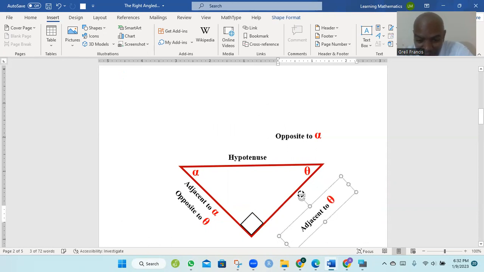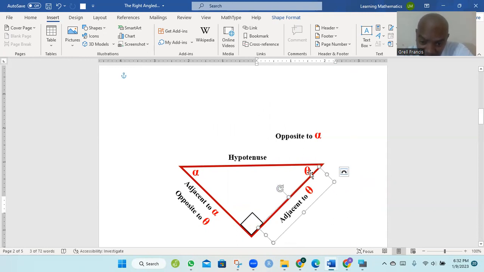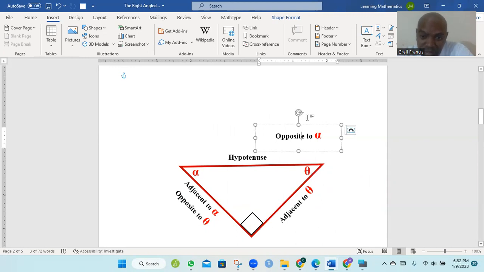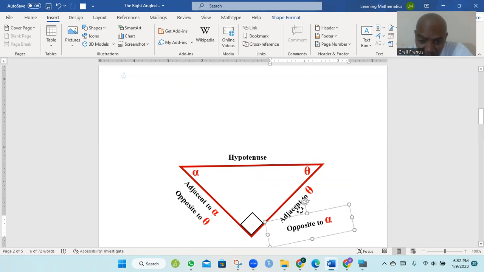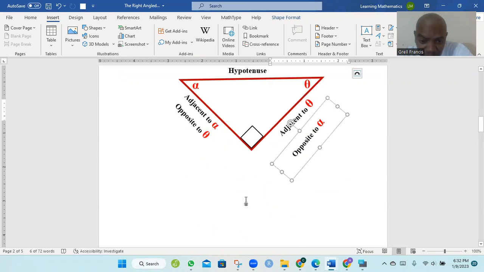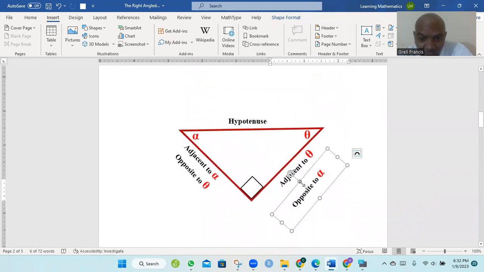We know why it is called adjacent to theta, because theta is right next to it. And we know exactly why it can also be called opposite to alpha, because we can see it is right across, away from alpha.